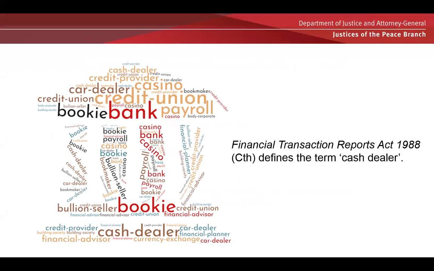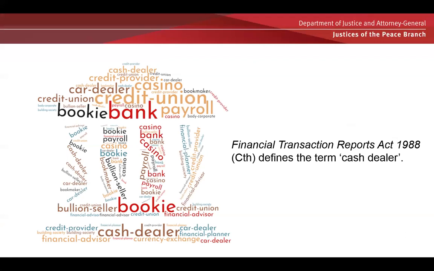If you do wish to read the complete definition of a cash dealer, you can find it in that legislation displayed on your screen. It's in Schedule 3, the interpretation of the Commonwealth Financial Transaction Reports Act 1988.